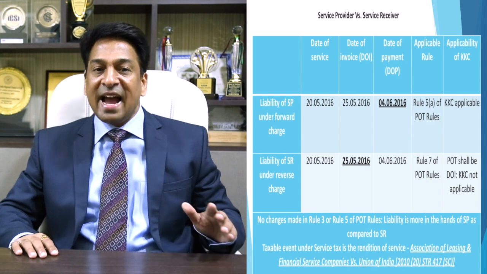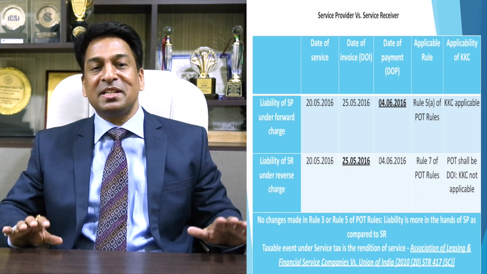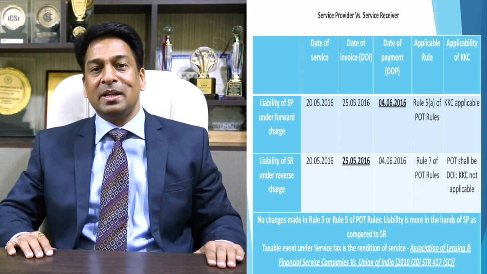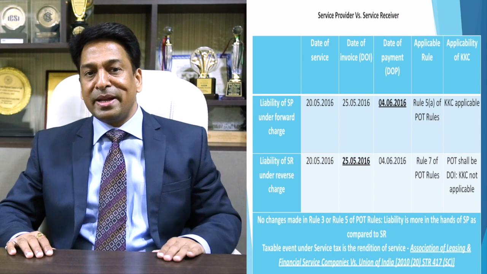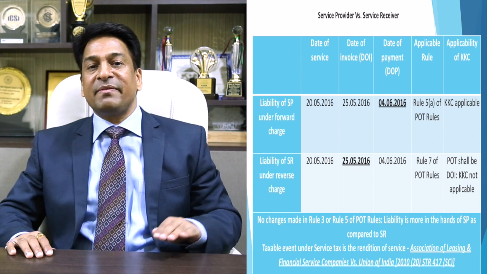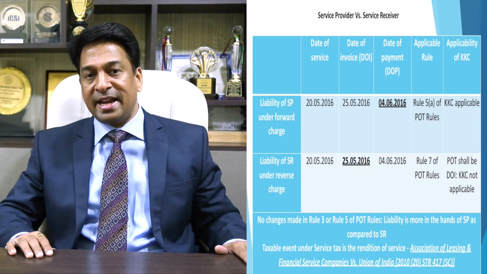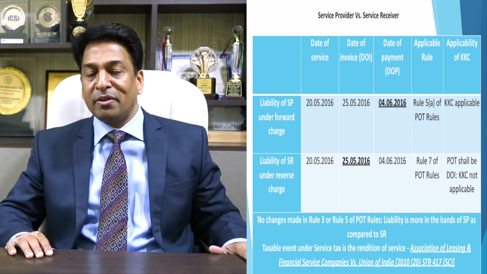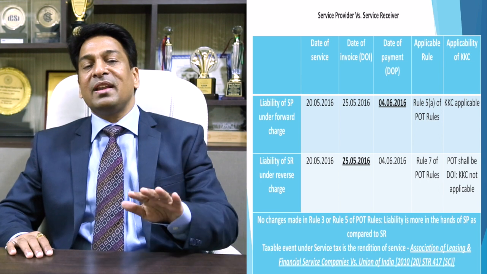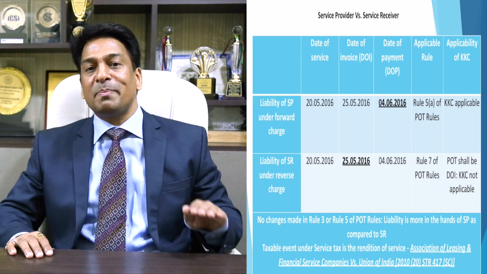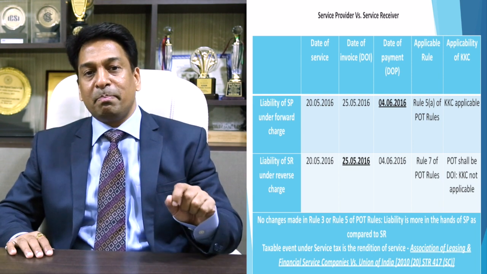So it is highly advisable we should have simplicity in terms of chargeability. Whenever a new levy comes in, if service is rendered prior to the cut-off date and invoice is raised along therewith, the new levy will not be applicable and should not be subjective on receipt of payment.